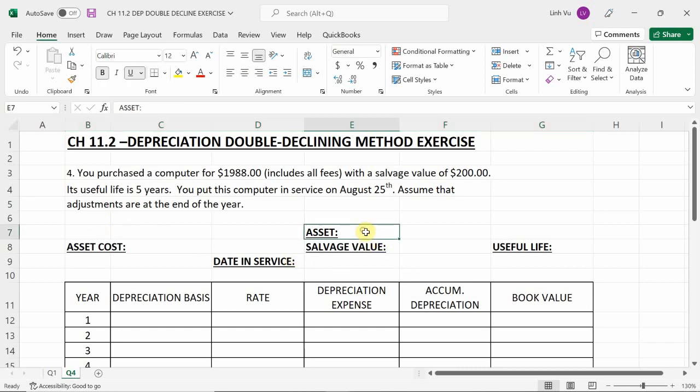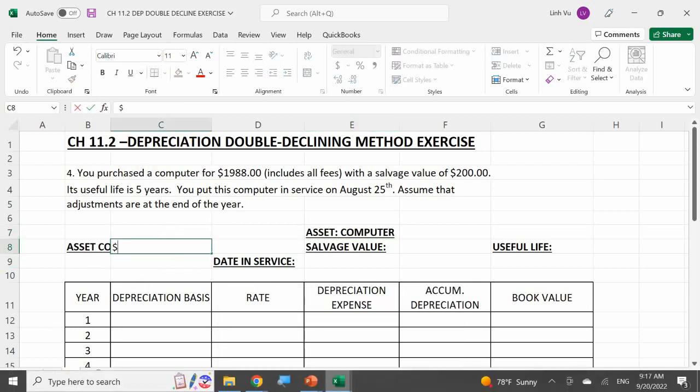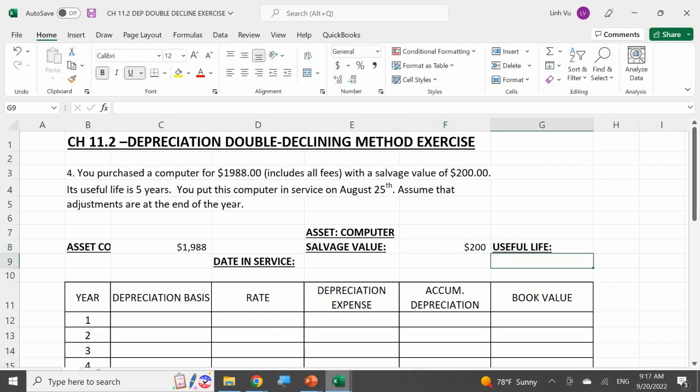So in this case, what did I buy? A computer. How much did you buy your computer for? $1,988. Good. How much is your salvage value? $200. Estimated useful life? 5 years. When did you place it into service?